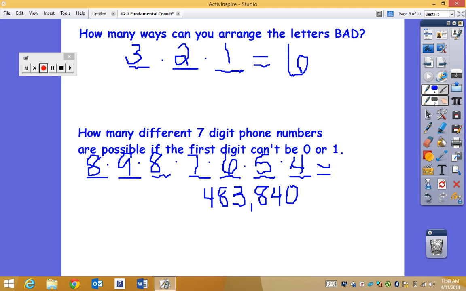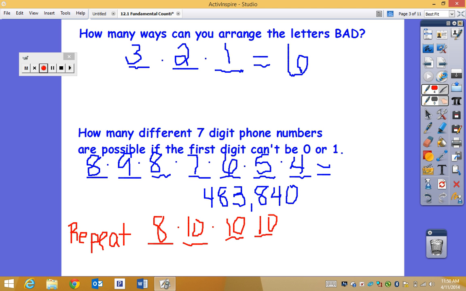Now in this case, I was making different 7-digit phone numbers. If I were to tell you that I could repeat those numbers, if there could be repeating digits, then that would be calculated differently. I'm still telling you that I can't use a 0 or a 1 for my first digit. However, if I can repeat digits, let's say I could use the number 7 here, and then I could use all 9s for the rest, then that means I would have 10 different choices to pick from if I can repeat.